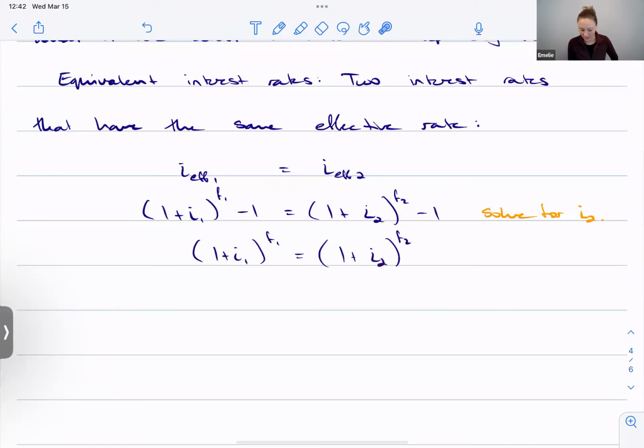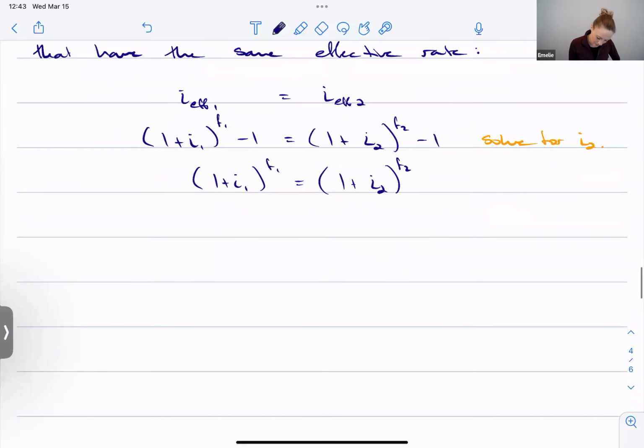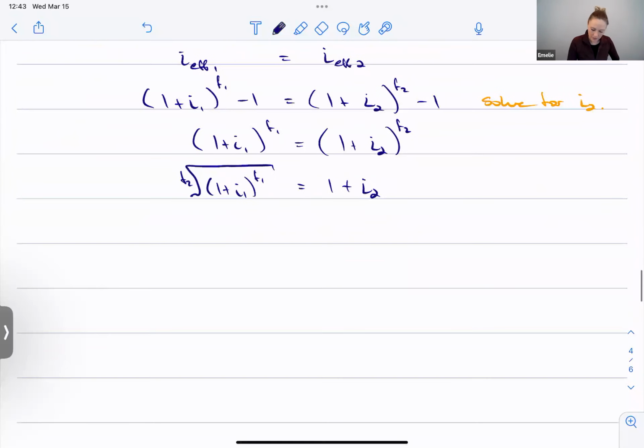The first thing I need to do is take the F2th root of both sides. Remembering how exponents and square roots work, I can write it out like this: the F2th root of (1 plus I1) to the power of F1 is equal to 1 plus I2.